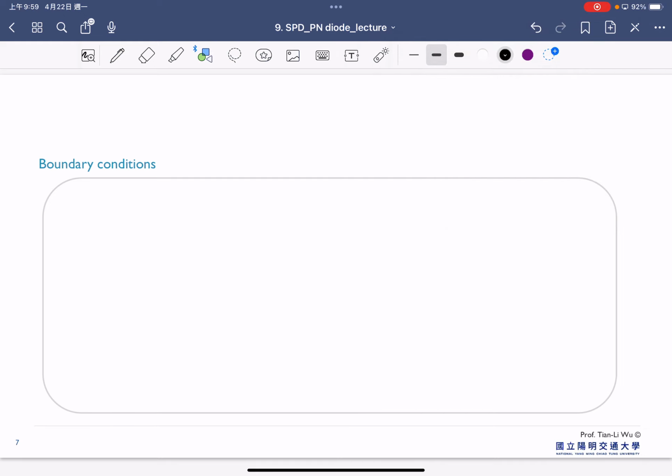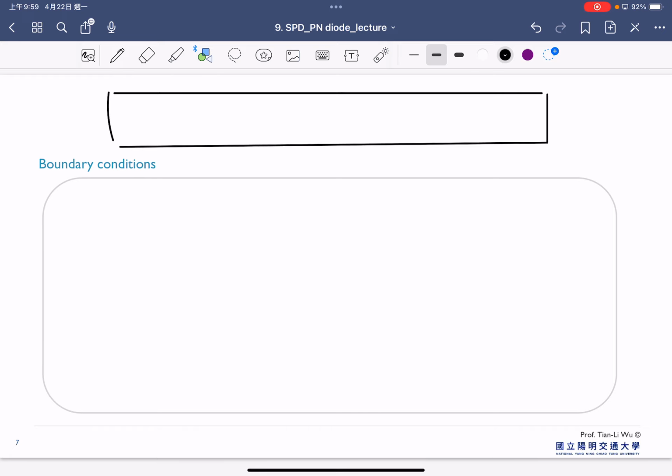Let's assume we have a PN junction like in this case. We have a P type on the left hand side, the N type on the right hand side, and in the middle we have the PN junction and a depletion region here.